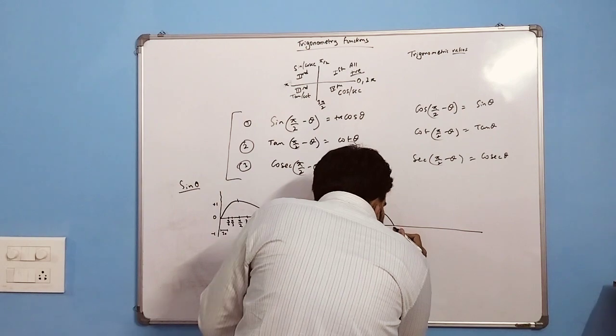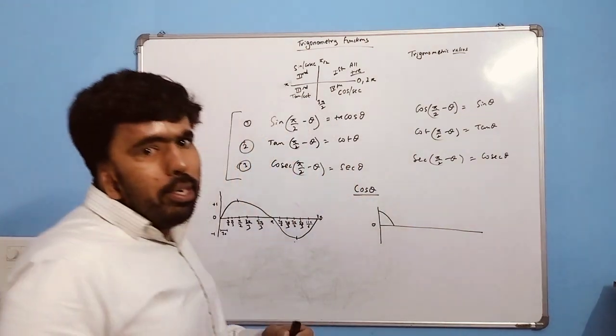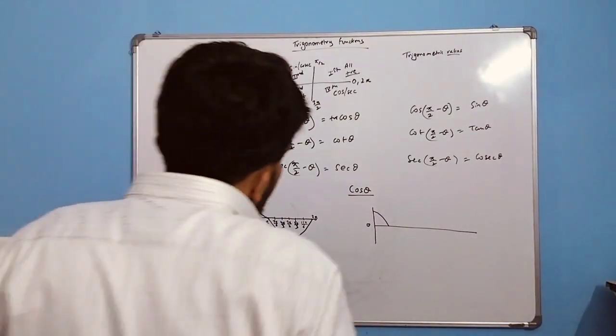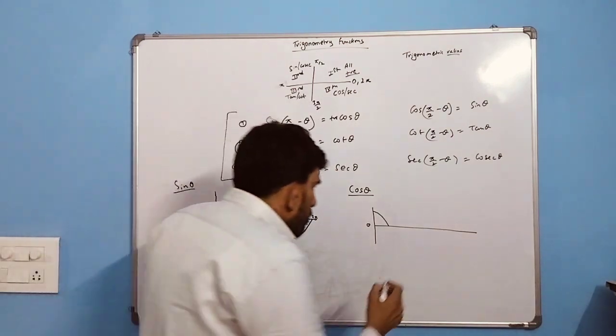Okay, so that is how we'll make it. Let us see how we can make it. Now see the value of cos. The graph of cos will be like this.